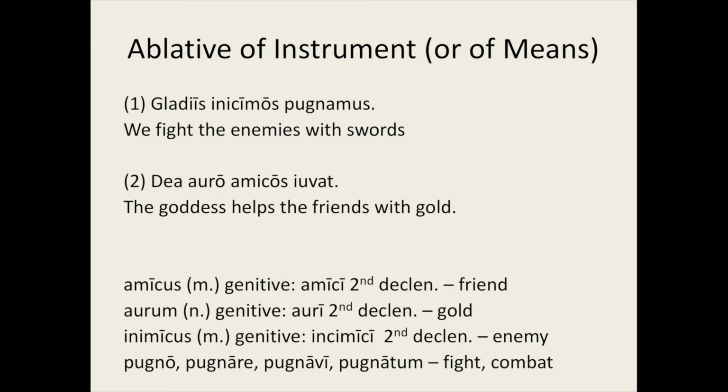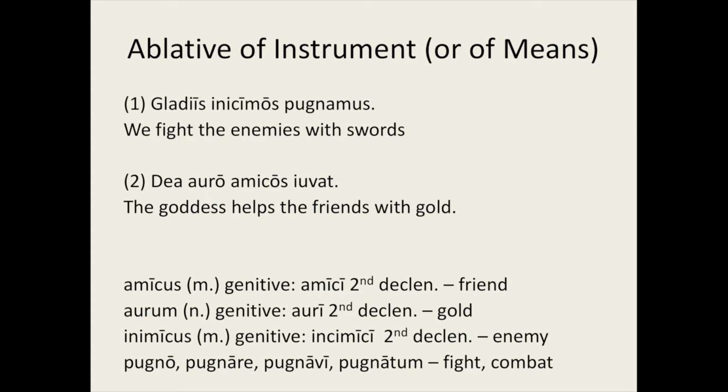1. Gladiis inimicos pugnamus. We fight the enemies with swords. Here the swords are being used to fight the enemies. We could also translate this sentence as, we fight the enemies by means of swords, or with the use of swords.